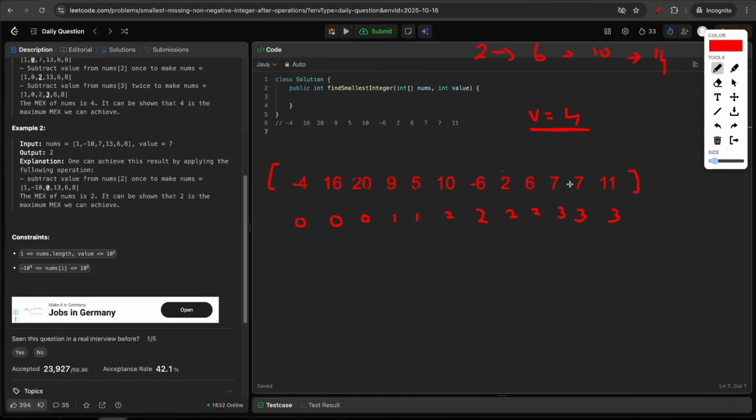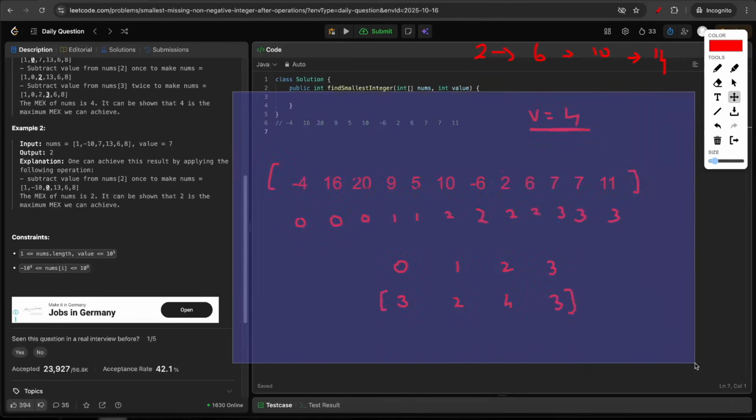So once you have this, let me just write it as a frequency table. So we have 0, 1, 2, and 3. 0 is present 3 times, 1 is present 2 times, 2 is present 4 times, and 3 is present 3 times. So this is the frequency array of the remainders when you take mod with 4.